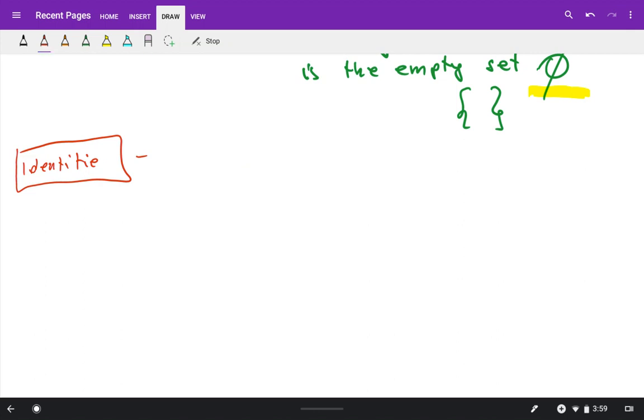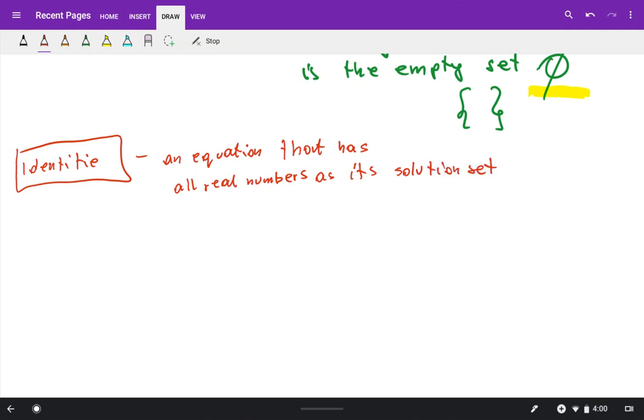An identity is an equation that has all real numbers as its solution. So what that means is, whatever you plug in for x, any number, your equation will always be true. How are you going to know that you have an identity?